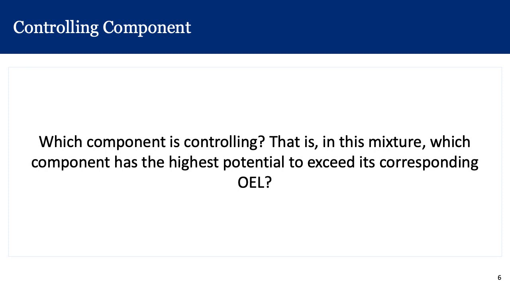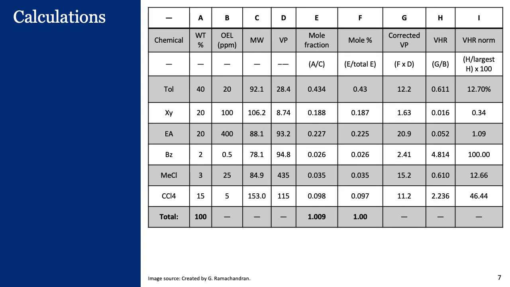Which component has the highest potential to exceed its corresponding occupational exposure limit? We need to control to manage that, and all the other components would automatically be controlled. So let's use our ideas of the vapor hazard ratio in this case to arrive at a decision.